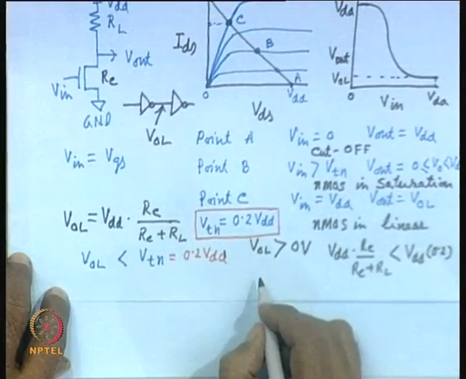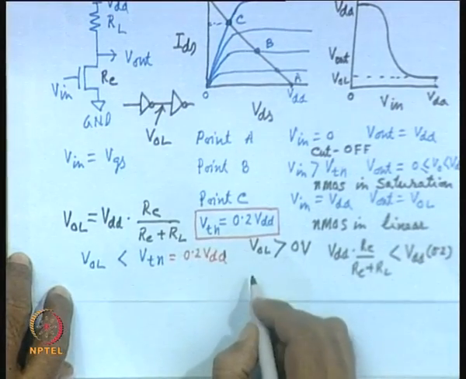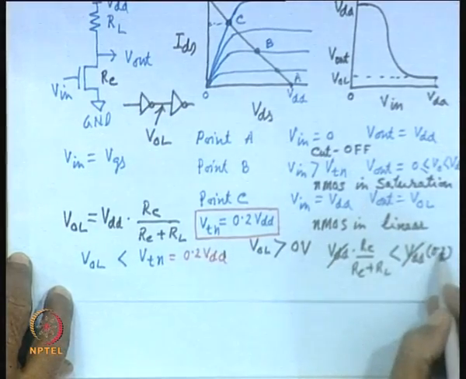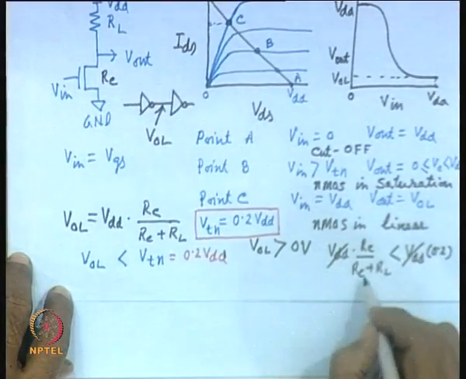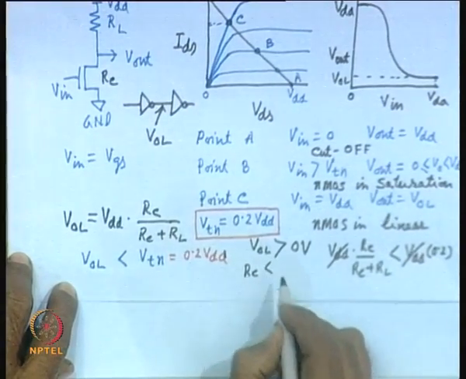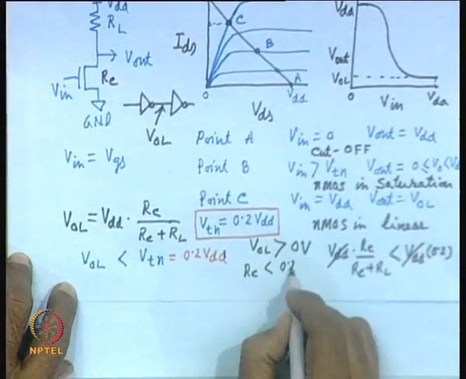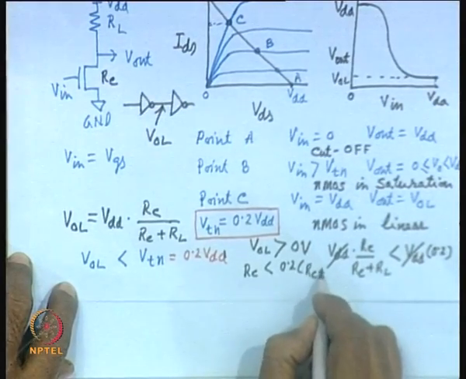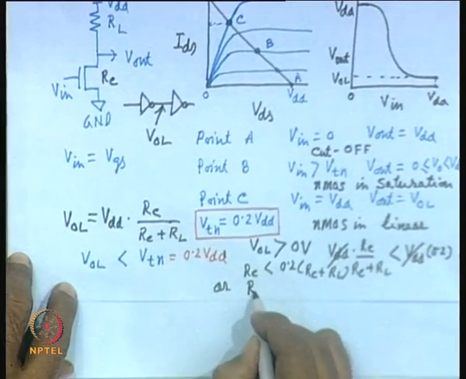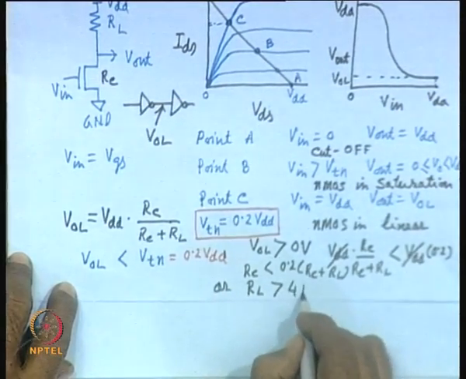You see VDD will cancel out. So, this side will be equal to 0.2 times RC plus RL. So, that means, RC should be less than 0.2 RC plus RL, or RL should be greater than 4 RC.